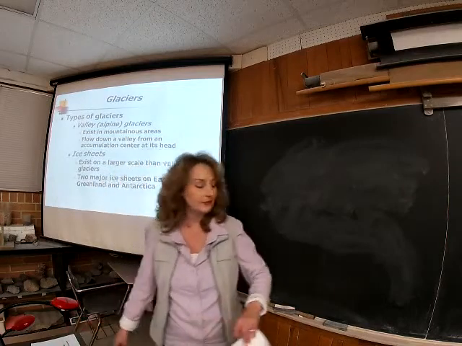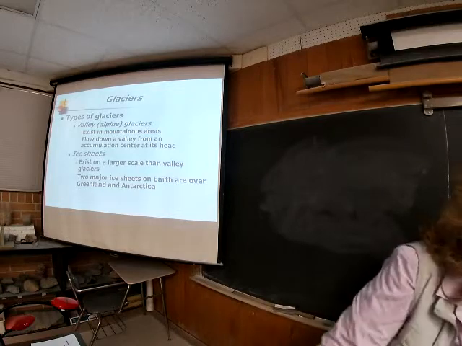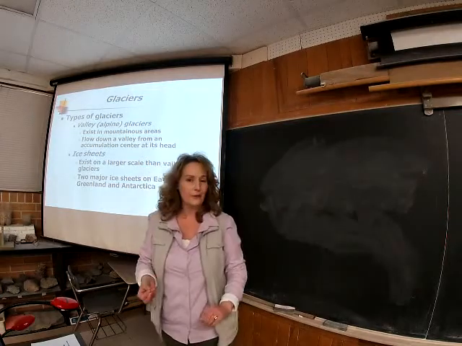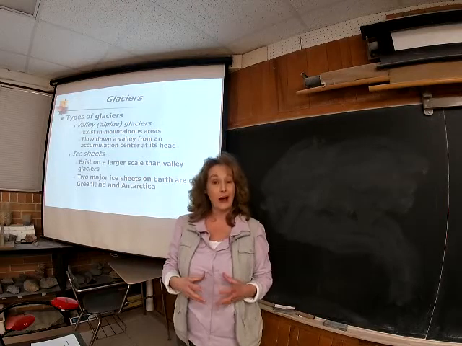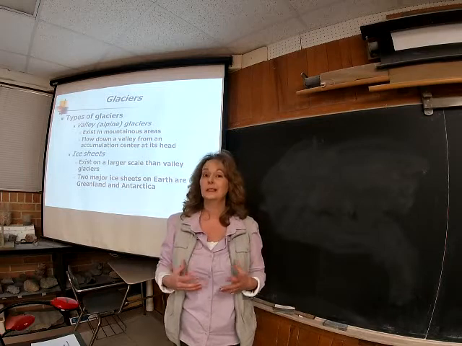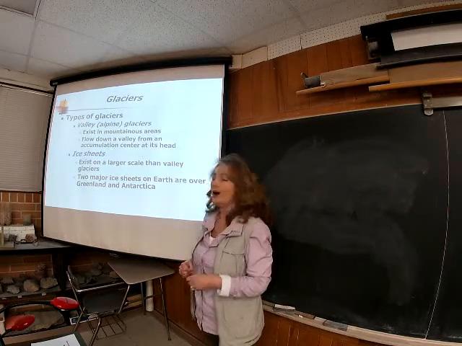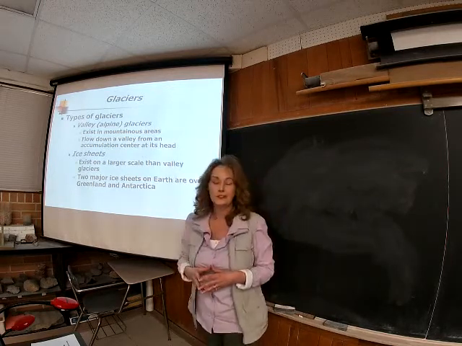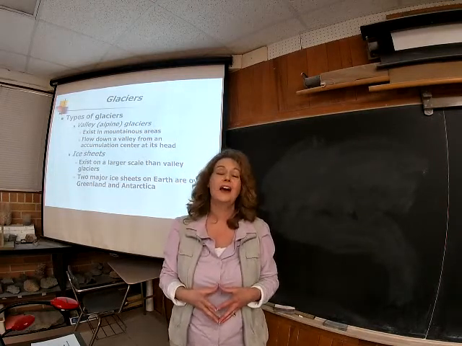We have a couple types of glaciers that we'll talk about. We're thinking about where they're forming. One we call a valley or an alpine glacier, and these are in high mountainous terrain. So they exist in mountainous areas, at high elevations, and they flow down a valley from the accumulation center at its head.